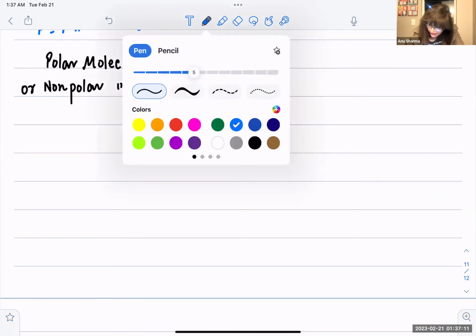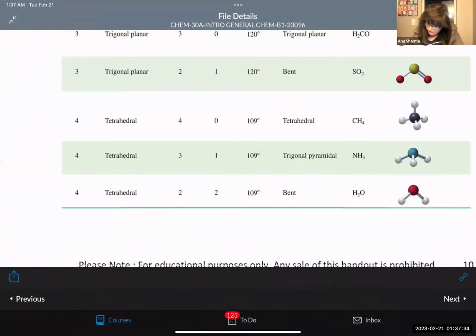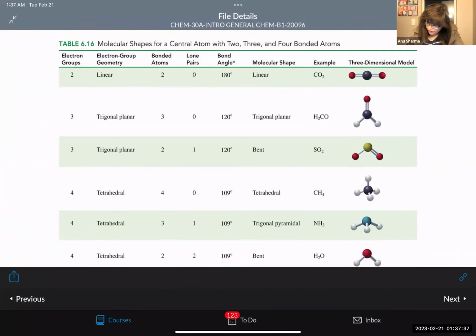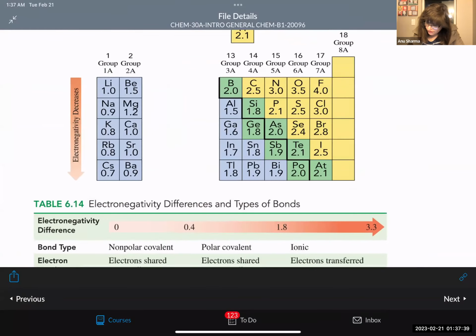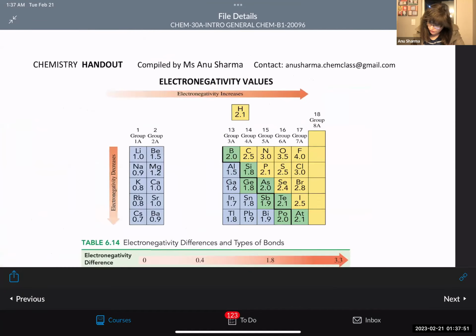Okay, now, if you look at the electronegativity values of fluorine and carbon and hydrogen. So these are the bonds, right? So let's do this here. Carbon and hydrogen. Okay, now electronegativity values. So here are the electronegativity values of fluorine, 4.0, and carbon is 2.5, and hydrogen is 2.1.